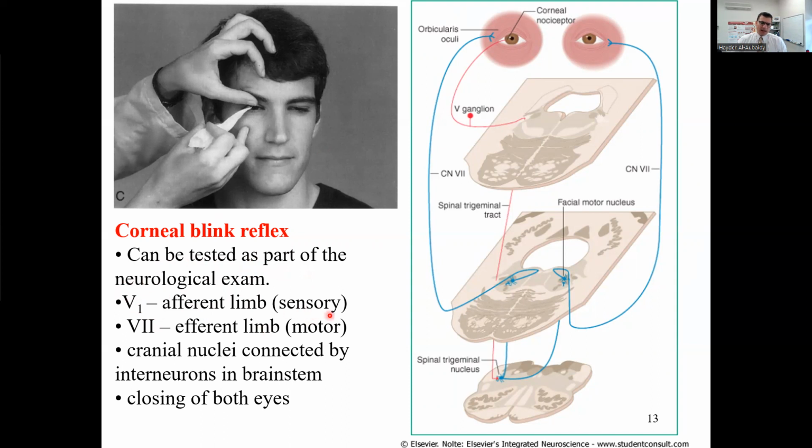The sensory inputs come via the ophthalmic division of the trigeminal nerve. This is the afferent or sensory arm, and the motor arm is represented by the facial nerve.